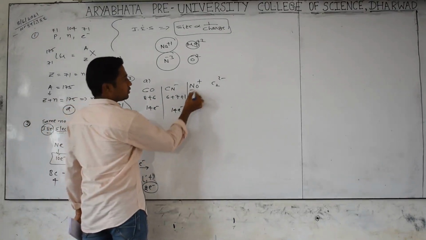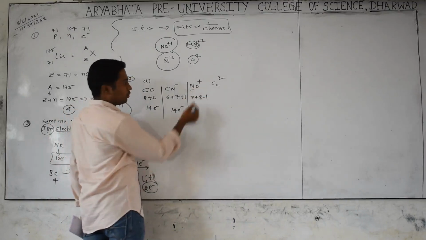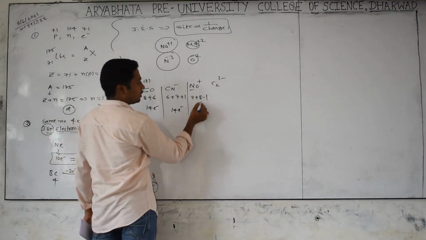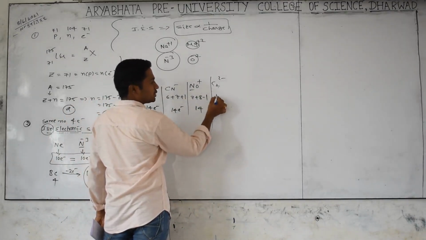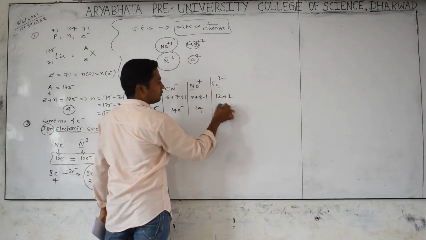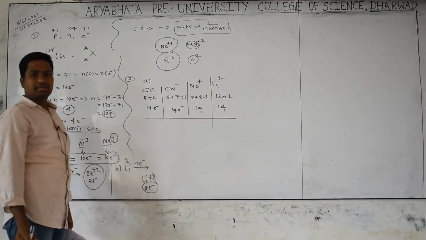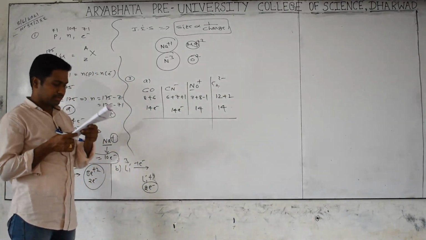NO plus has 7 plus 8 minus 1, we get 14 electrons. C2 2 minus has 12 plus 2, we get 14. So all have the same number of electrons, that's why we call them isoelectronic species.